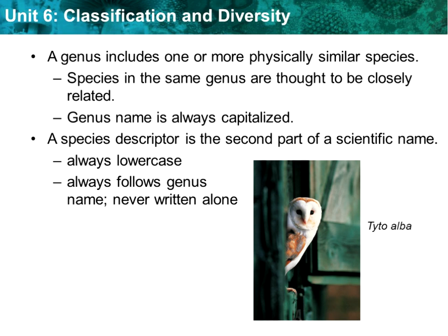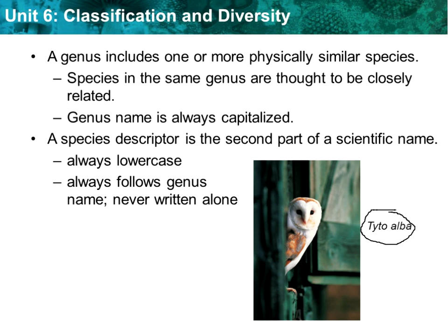So here is a certain type of owl called Tyto alba. And this is for participation. Which word is the genus and which word is the species for that owl? Good job, Noah and Catlin.